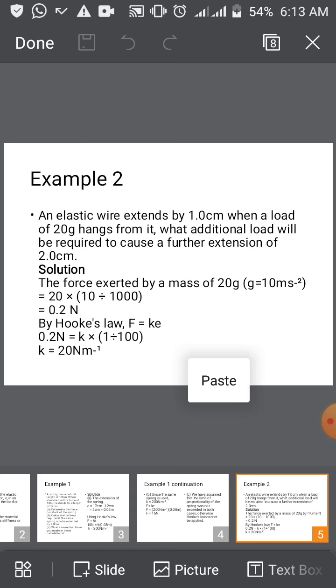So we'll convert the 1 cm to 0.01 meter by dividing it by 100. When we do that and use the value of extension to divide the force, we'll have the force constant K equal to 20 Newton per meter.